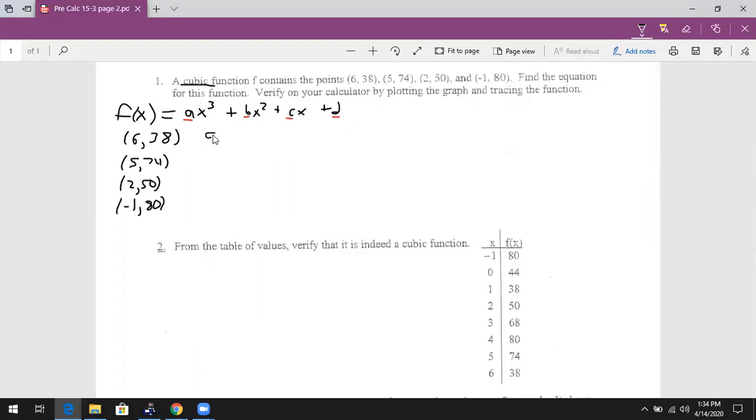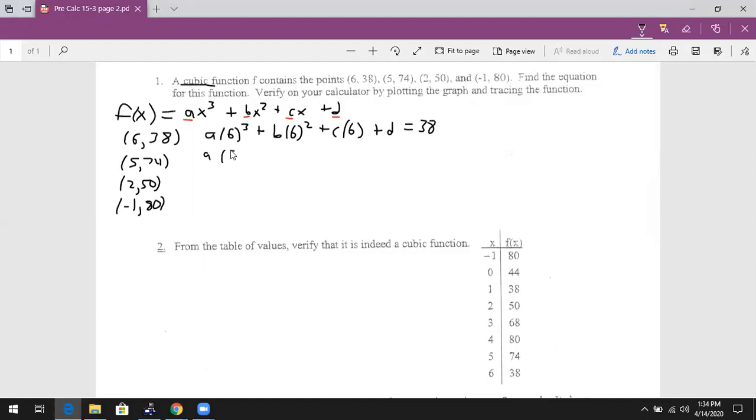So I'm going to have A times 6 cubed plus B times 6 squared plus C times 6 plus D equals 38.